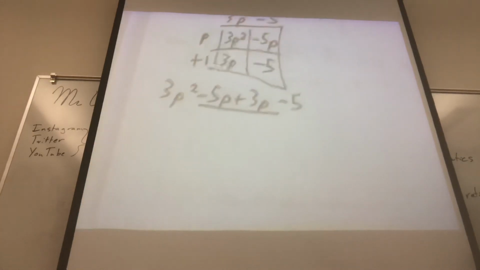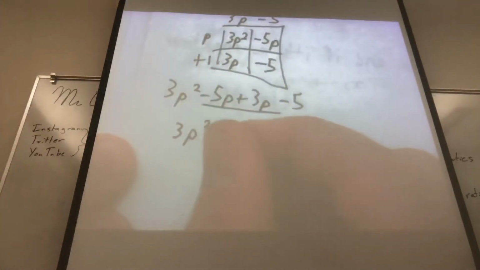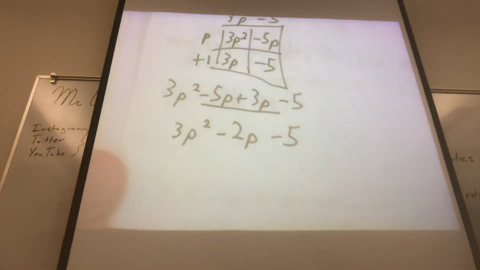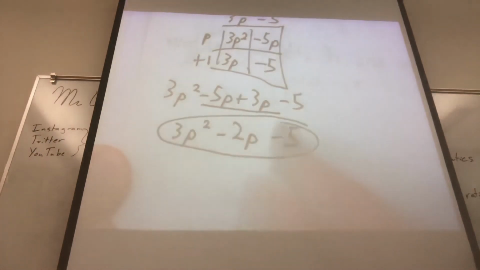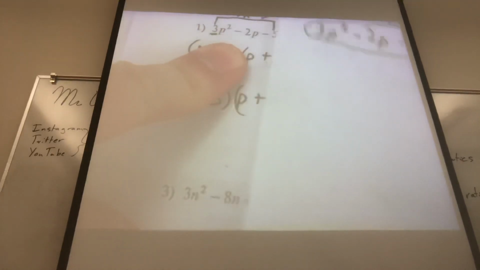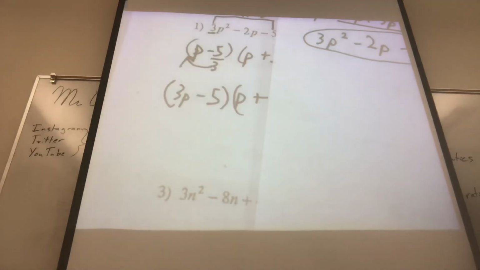I'm going to put them together. So I go 3p squared minus 2p minus 5. Wouldn't you know it? When I multiply that together, this is the answer I get, which is what I started with when I was supposed to factor. If they multiply together and make the right answer, those are the correct factors. So if you struggle with factoring, then just perfect multiplying, and it should get you as far as you need to go on this test.